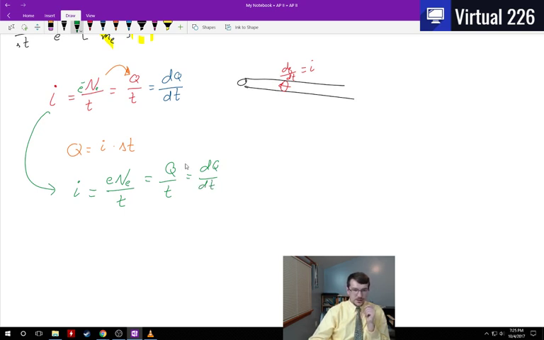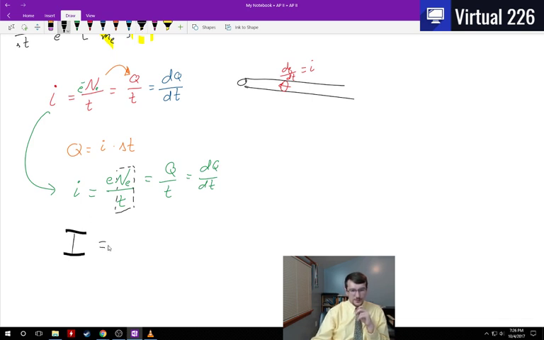Now, not only this, but this current going through our system, if it is charge in time, and that's how we've defined the current going through our system, we've already defined that. And this is where things get annoying. Remember how I said some books like to use a capital I? This is why.